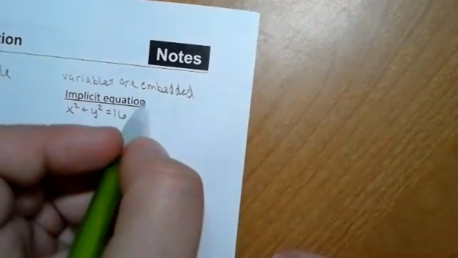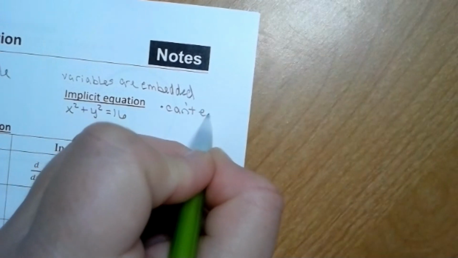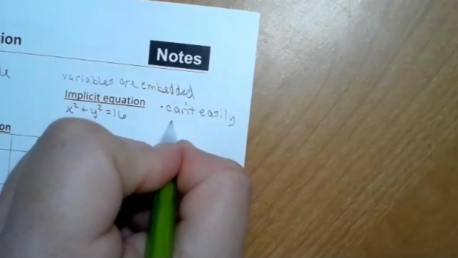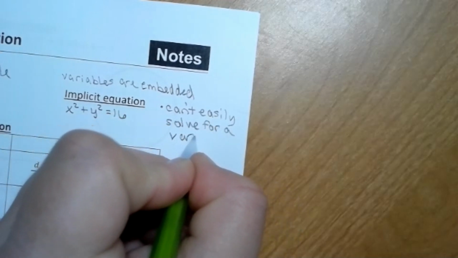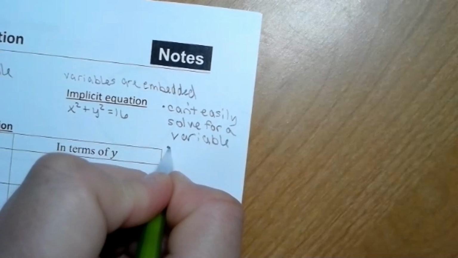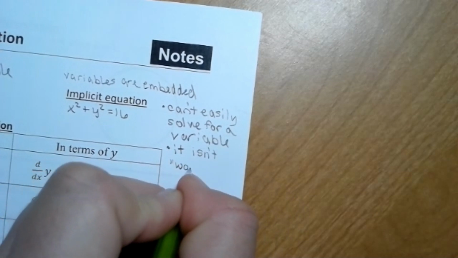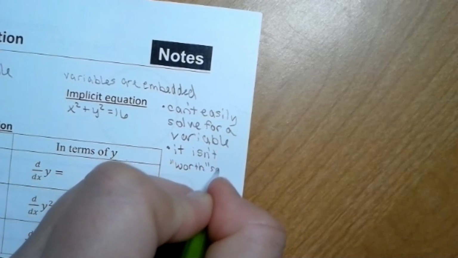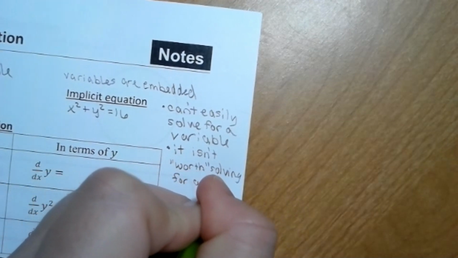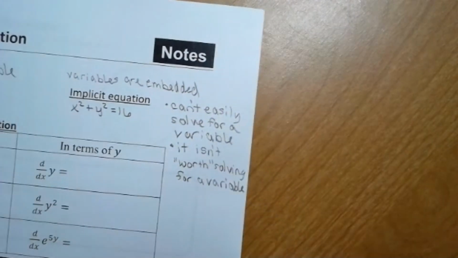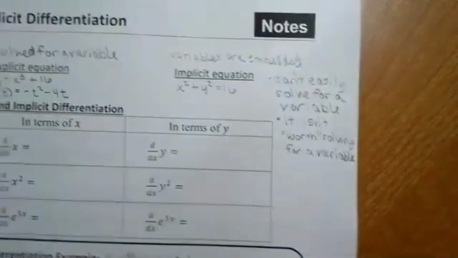An implicit equation is one where you can't easily solve for a variable, or it isn't worth solving for a variable. Sometimes it's just not worth the trouble because implicit differentiation is relatively simple.